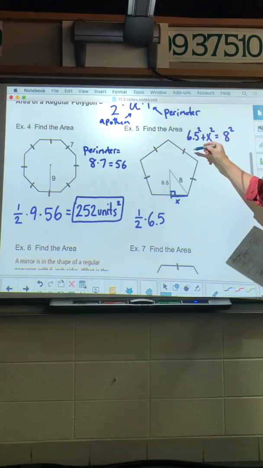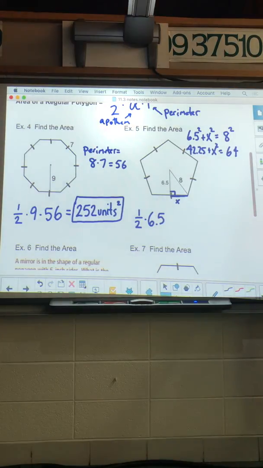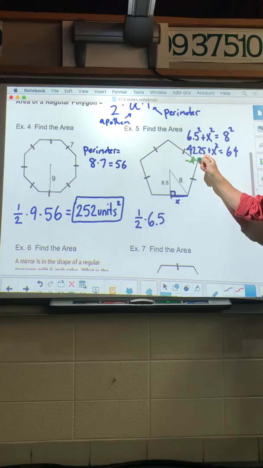Okay, so 6.5 squared is 42.25 plus x squared. 8 times 8 is 64. Okay, so then we will subtract 42.25.